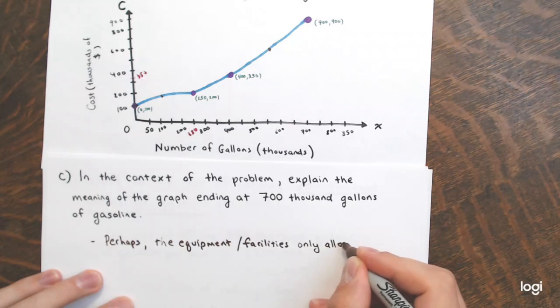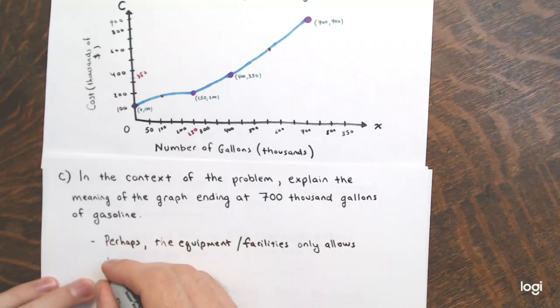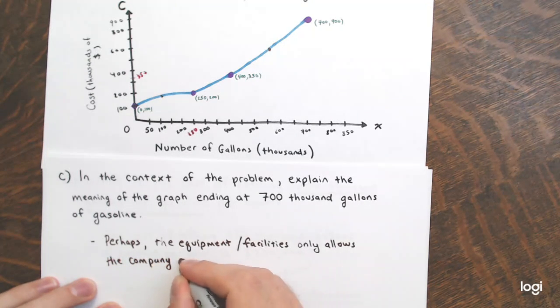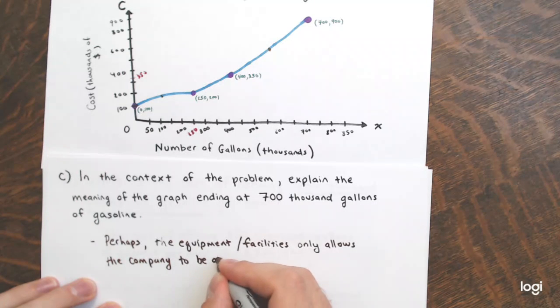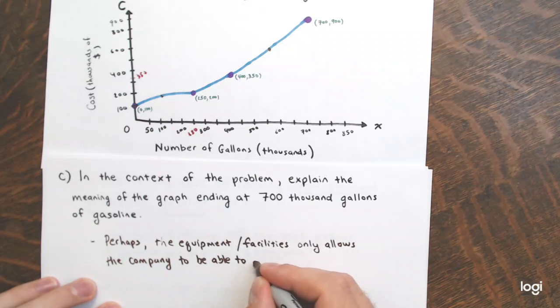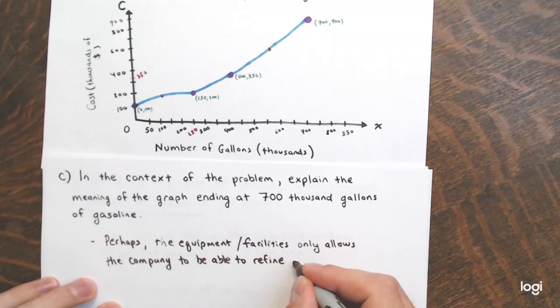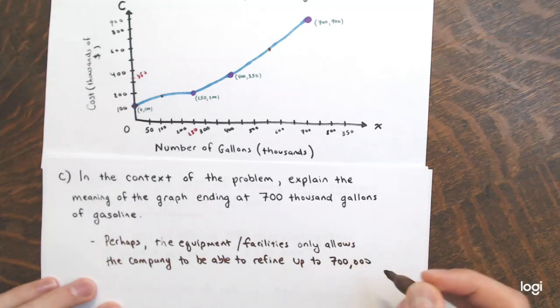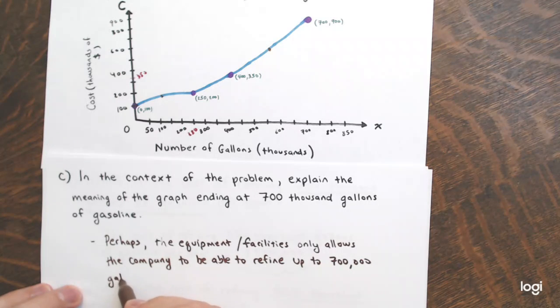It only allows the company to be able to refine up to 700,000 gallons of gasoline per hour.